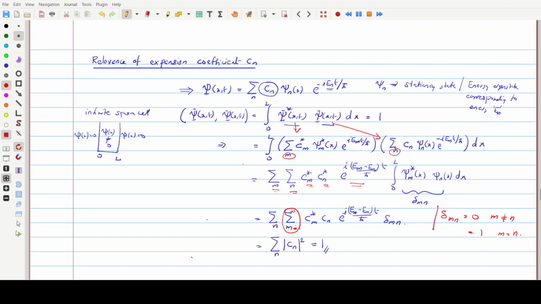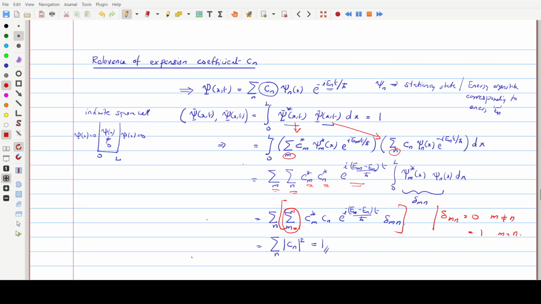So when m equals n, we get a non-zero value, it would be 1, and for all other terms the term would be 0. Therefore this summation would pick up only one value, that is for m equal to n, and all other terms would be 0. So you have to just replace this entire summation with the single term m equal to n.